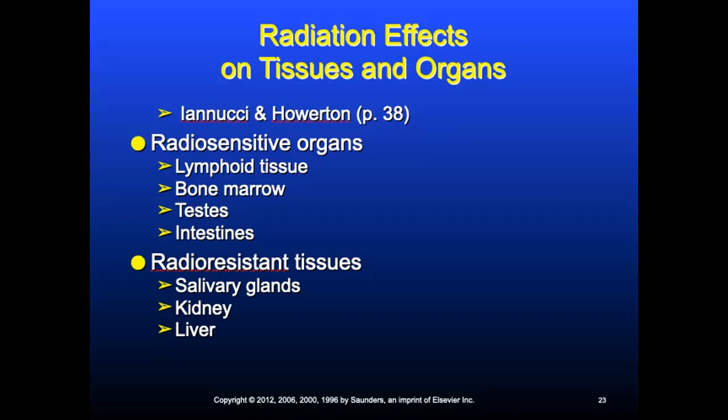A gray can be related to the radiation absorbed dose in this way: 1 gray equals 100 rads, or 100 radiation absorbed doses. Likewise, a sievert is related to the Roentgen equivalent in man, or REM, such that 1 sievert equals 100 REMs.